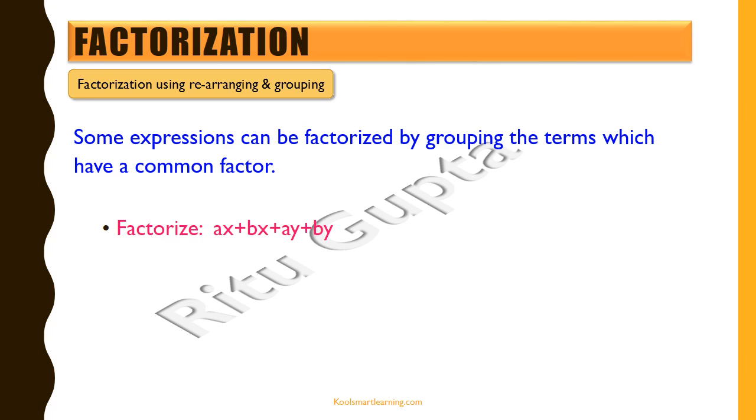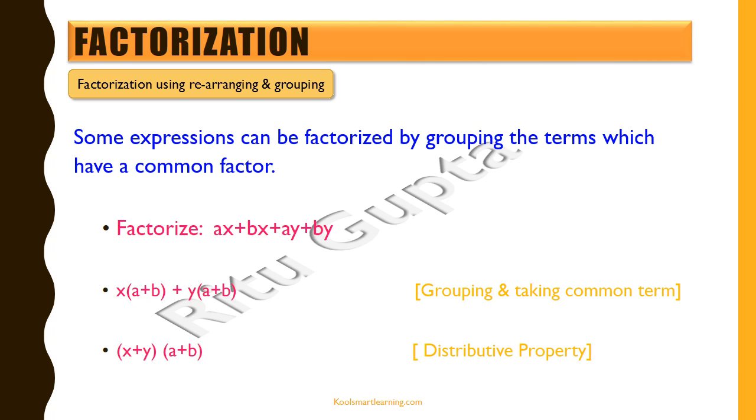Say for example, we have this expression to be factorized: ax plus bx plus ay plus by. We group the first two terms together and take out x as the common factor, and it becomes x multiplied by a plus b. The third and the fourth terms we take together and take y as the common factor, and we are left with y multiplied by a plus b.